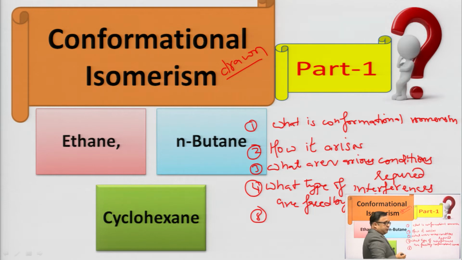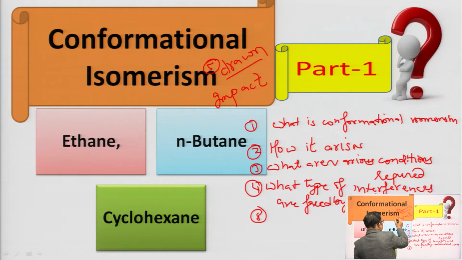This is a very important point: how the various conformational isomers are drawn, and what is the ultimate impact of this conformational isomerism over organic compounds. So, our part 1 discussion will deal with these 6 points.